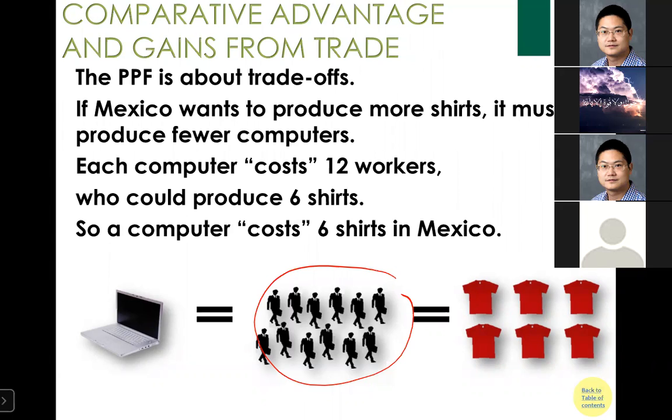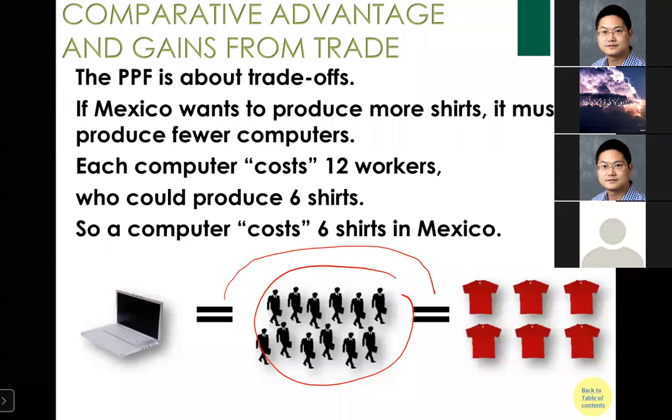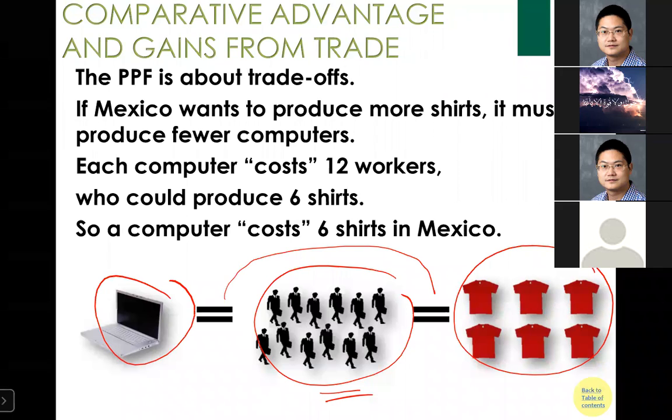That's why we have this equality, and this equality gives us the opportunity cost. In some sense, 1 computer is equal to 6 shirts. This is a big equal sign that gives you the opportunity cost. So 1 computer is going to cost 6 shirts in Mexico. Why? Because once we allocate resources to produce 1 computer, you give up the opportunity to use those resources to produce shirts, which is exactly 6.